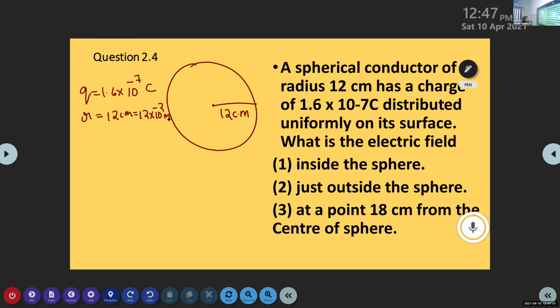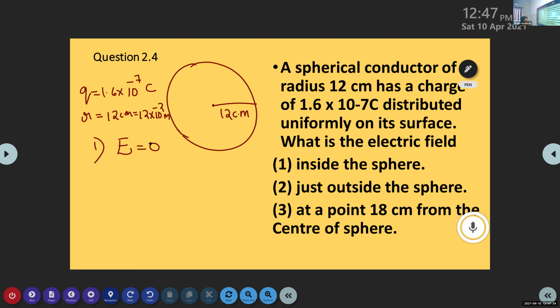The electric field E inside a conductor is 0. You don't need to substitute any values or do calculations. So for the first sub-question, the answer is E is equal to 0. We have already studied that the electric field inside a conductor is always equal to 0.